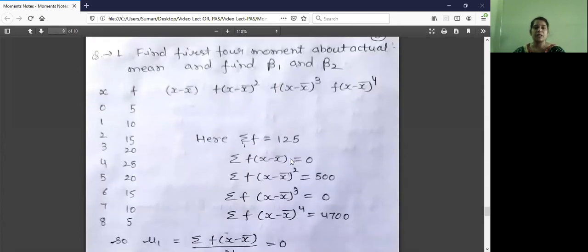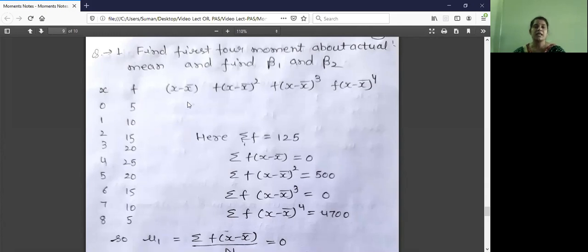So here, the first example: find the first four moments about the actual mean and find beta 1 and beta 2. Beta 1 is skewness and beta 2 is kurtosis. In case no mean is specified, whether actual, assumed or origin, by default we consider the actual mean.